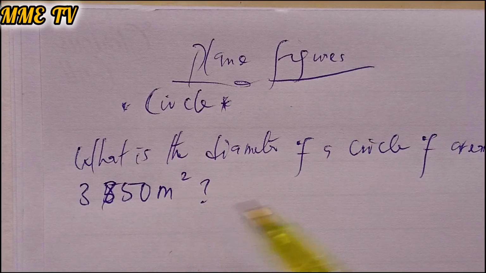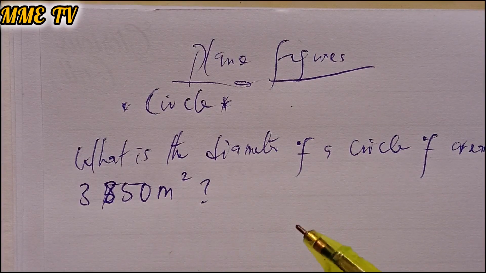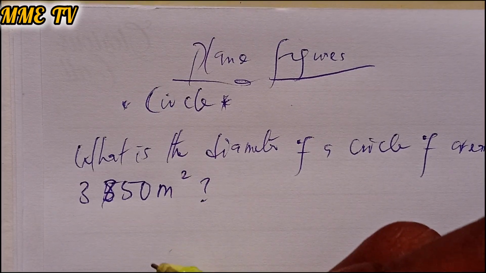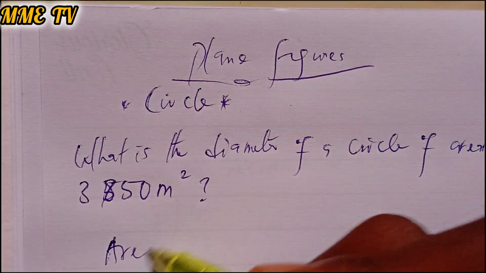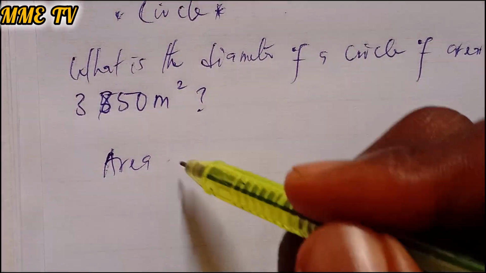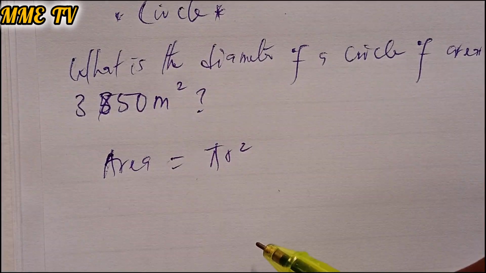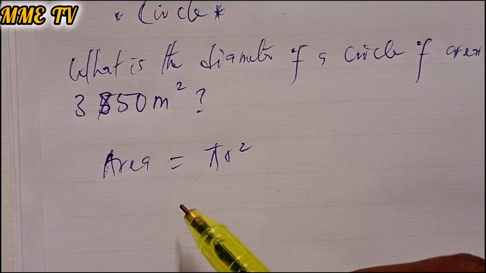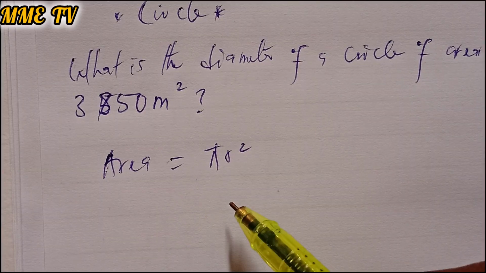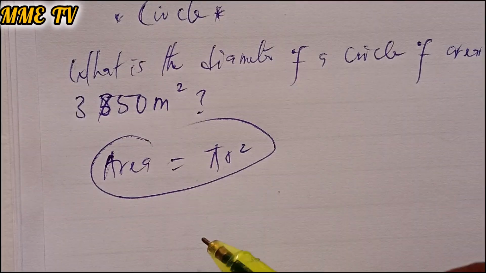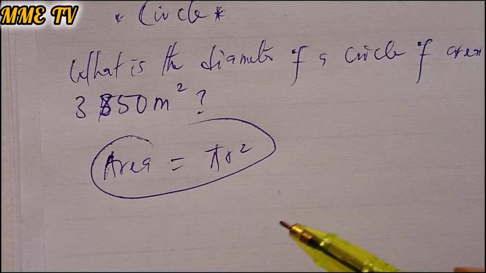You remember that when someone asks you to find the area of a circle, which we all know, that area is equal to pi r square. You understand? This is the formula for solving a circle based on the area.